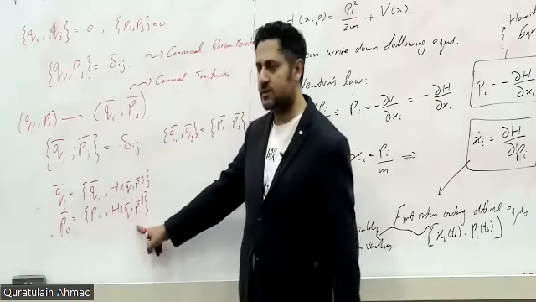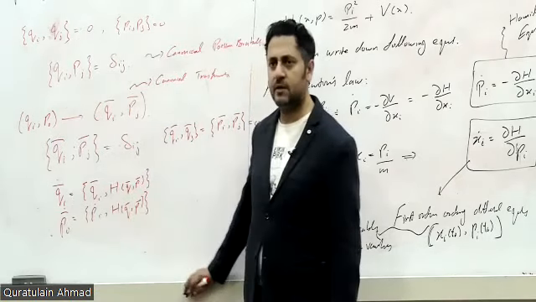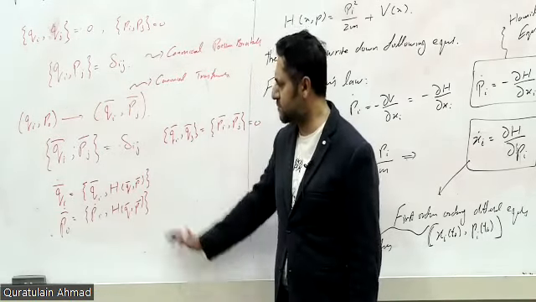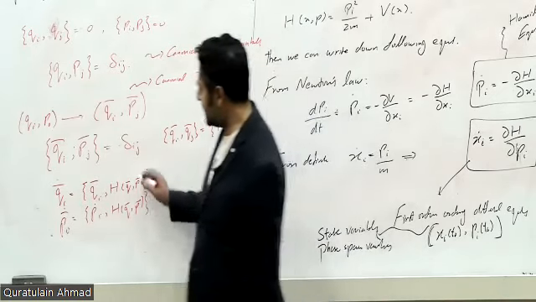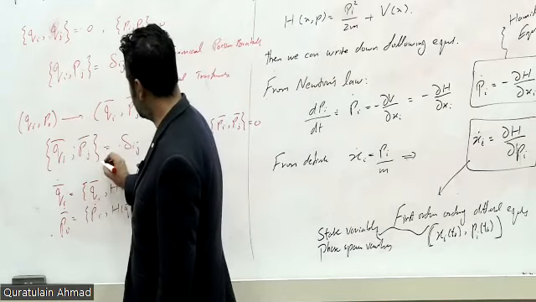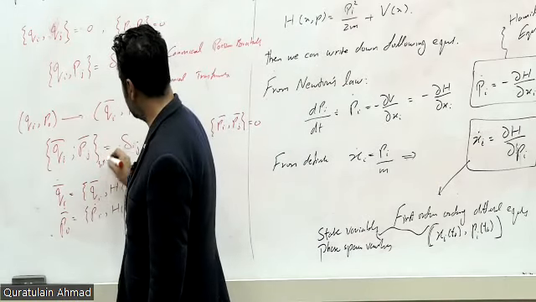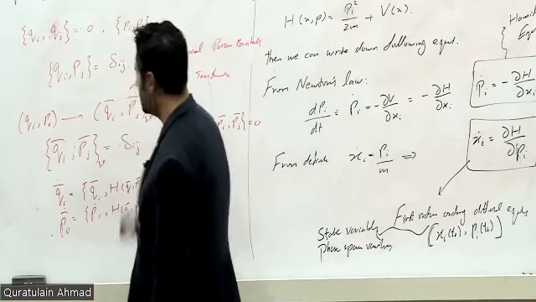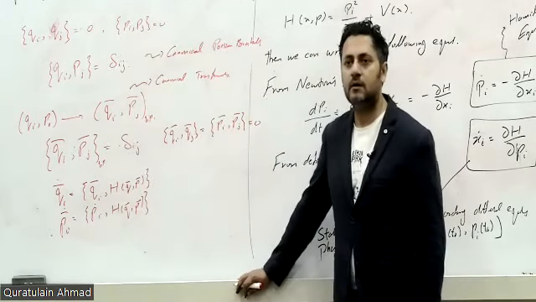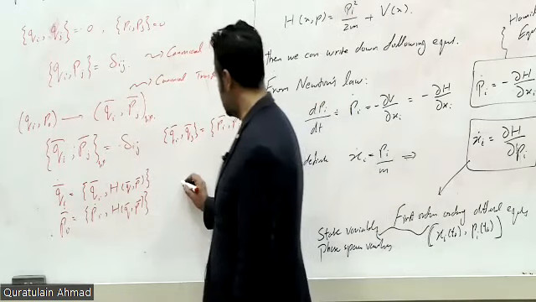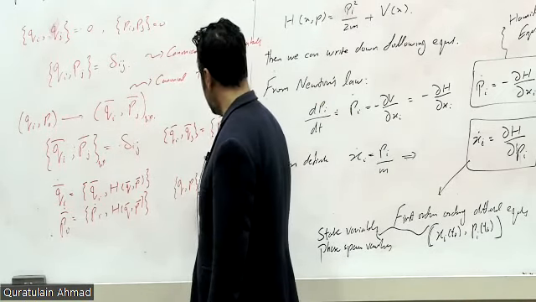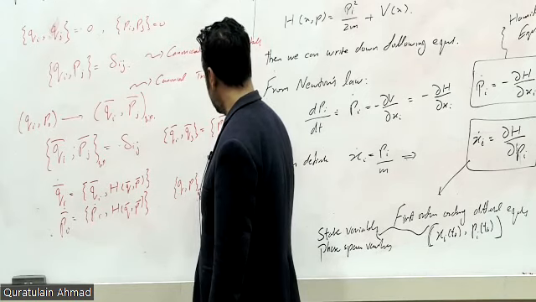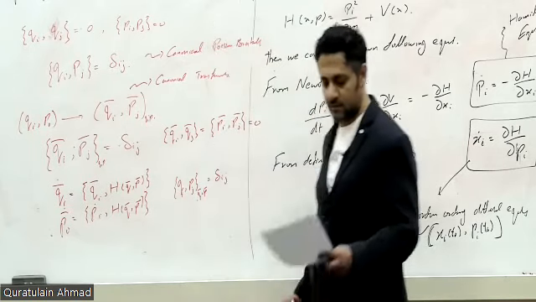This doesn't matter because it's just a change of labels inside. You can prove it. So it seems like this is computed in the old Q and P. But what if you take the old Q and P and compute the bracket in the new Q and P? You still get the same structure.